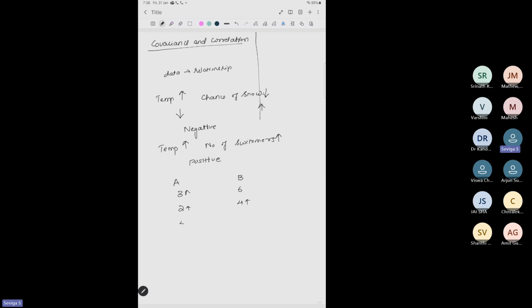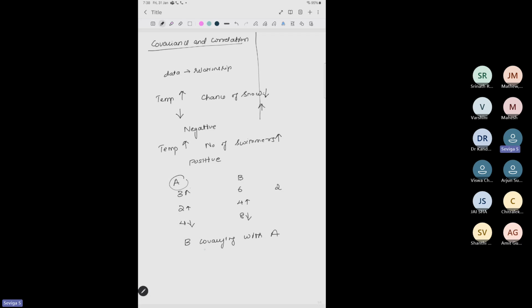If A decreases by 4, B will decrease by 8. So if you look at it, B is increasing or decreasing with respect to A by the amount of 2. So it goes up or down by twice the amount of A.